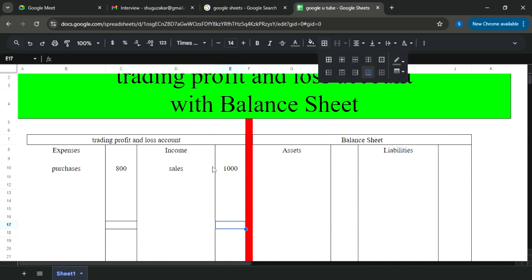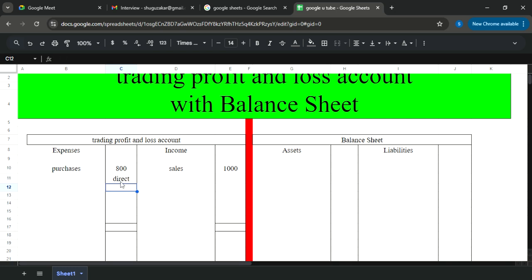So guys, here we have divided our expenses and income into two parts. This first part would be for direct expenses.